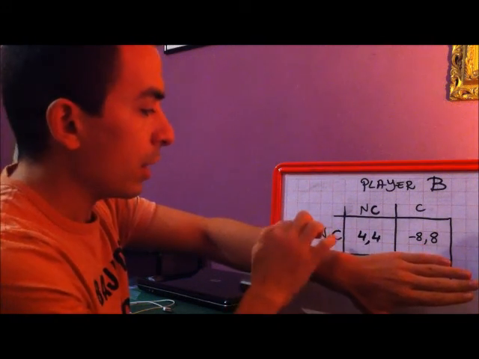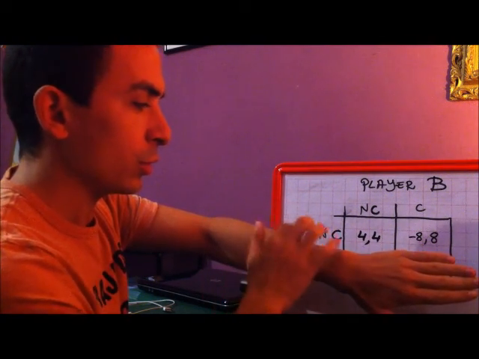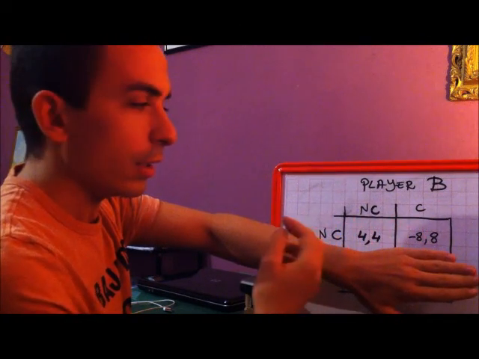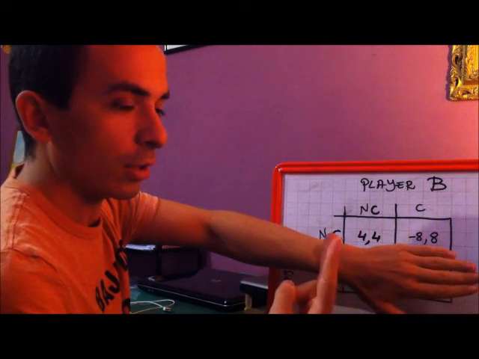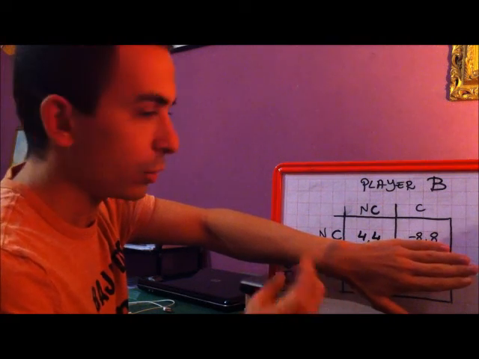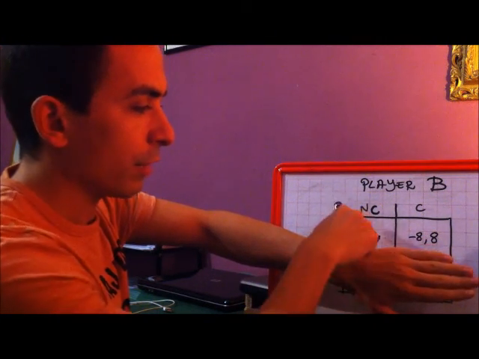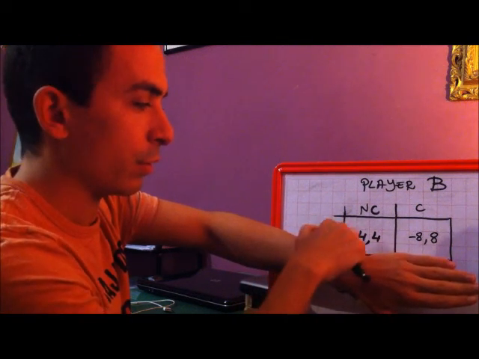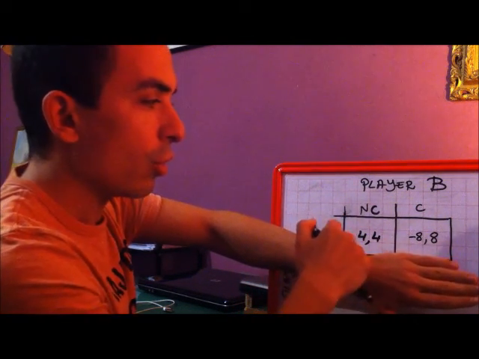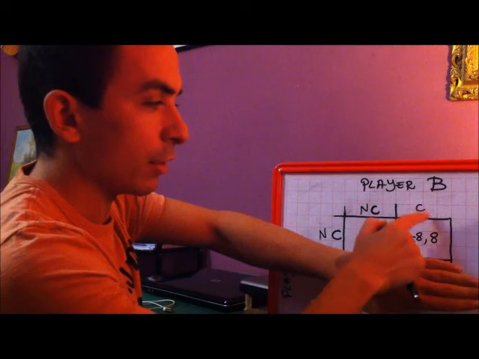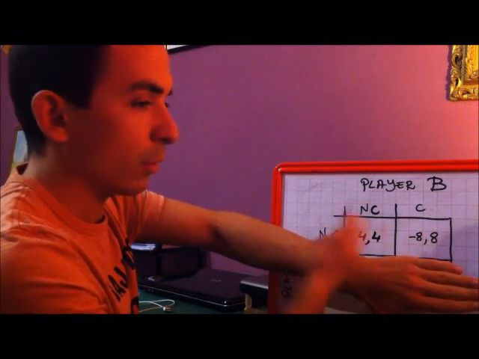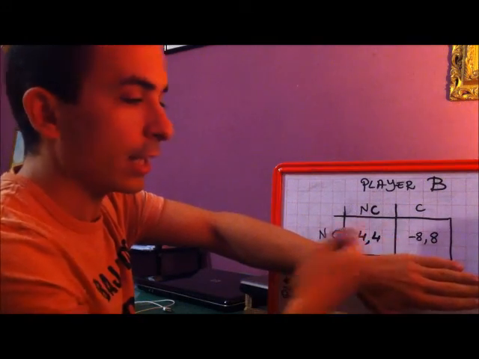So if he does choose not to confess, for player B there remain two different possible outcomes. He either does not confess along with his opponent and both get the 4-4 situation, or he confesses and he gets the 8 million, and the other, which is to say player A, gets -8.